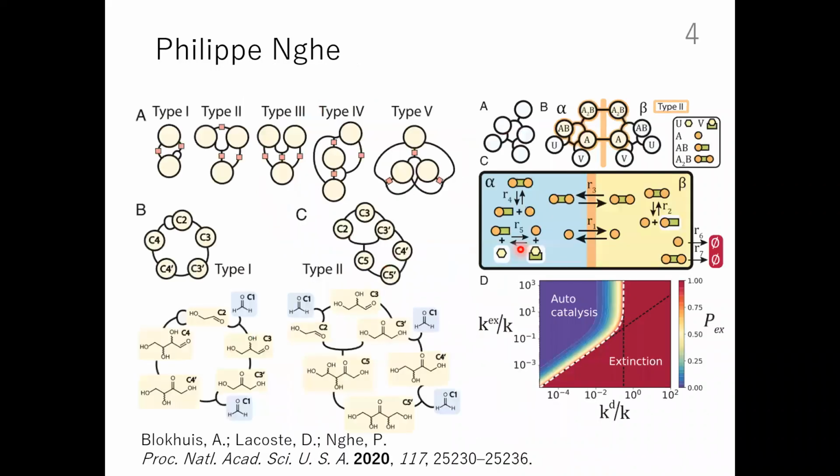The next speaker, Philippe Gay, recently published a very important article, which shows that all catalytic reactions can be categorized into just five types. That's very surprising. In his recent paper, he also presented an idea of multi-compartment autocatalytic reactions, shown here.